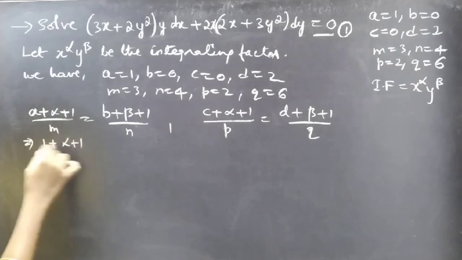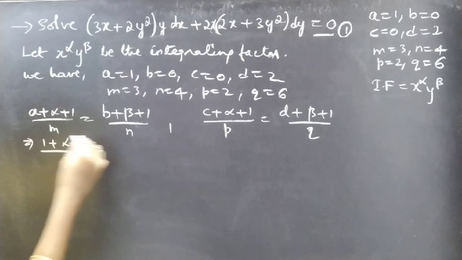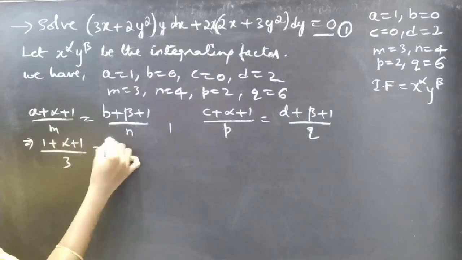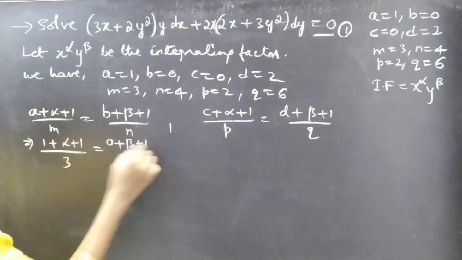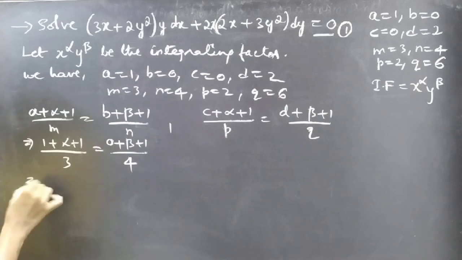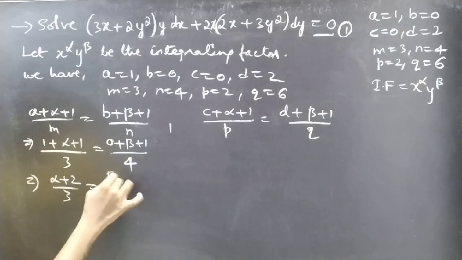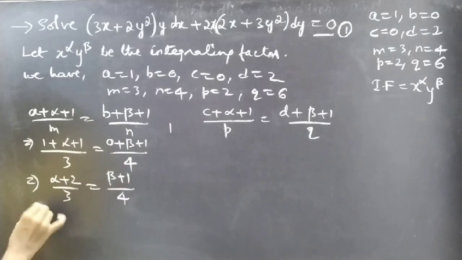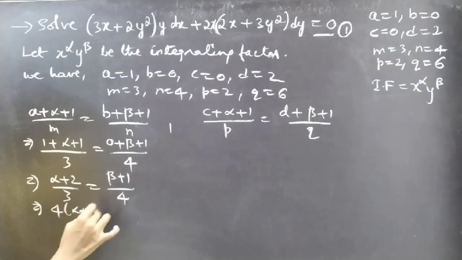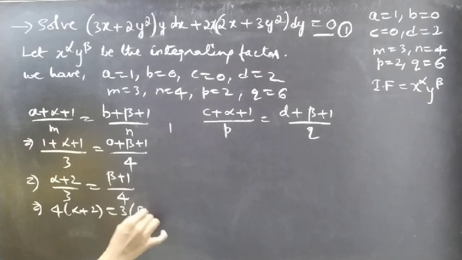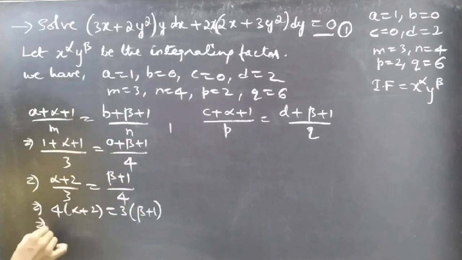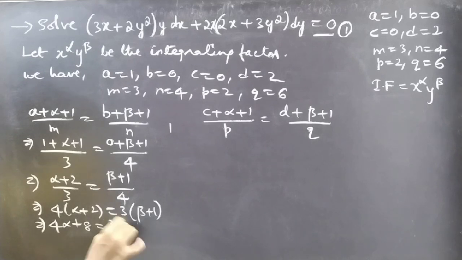a = 1, (alpha + 1)/m, sorry, m equal to 3, for b equal to 0, and n equal to 4, we'll get (alpha + 2)/3 = (beta + 1)/4, which gives us 4 times (alpha + 2) = 3 times (beta + 1), which gives us 4 alpha + 4 twos are 8 = 3 beta + 3 ones are 3.